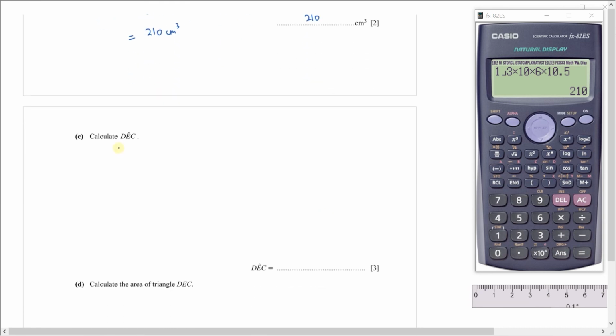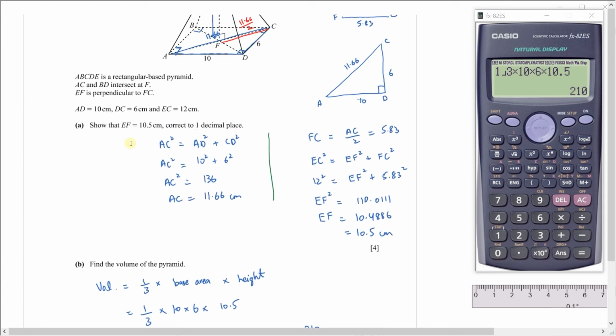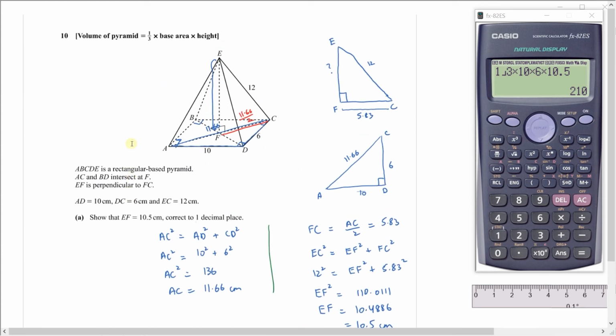The next part is calculate the angle DEC. So let's go back. Let me just erase all of this. So angle DEC is this angle in this triangle DEC. So since this is a pyramid, that means all of these slanting heights are equal. So if this height is 12, this height is 12, ED is 12, AE is 12 as well.